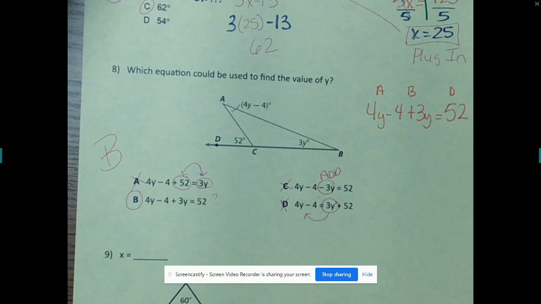Go. Okay, Miss Davis. Brandon, write your equation. Even if you can't solve it, you can at least write your equation, but this is a pretty easy one.